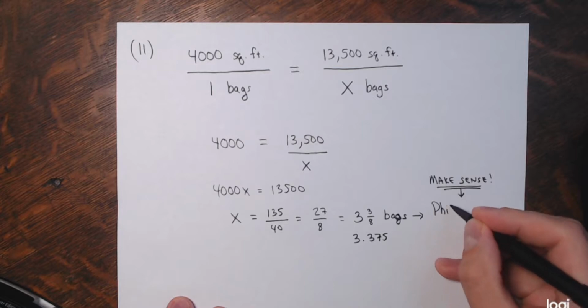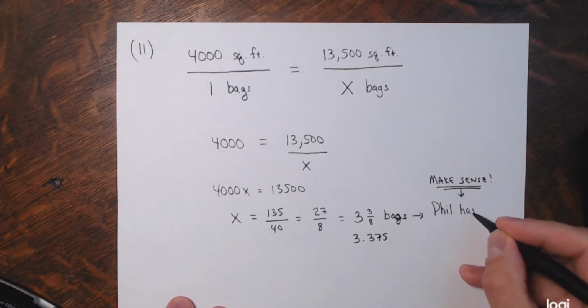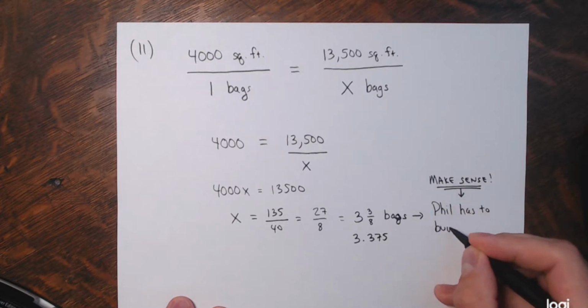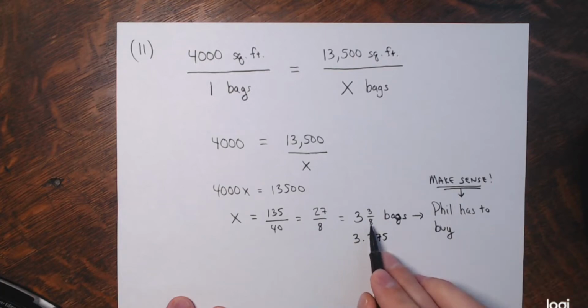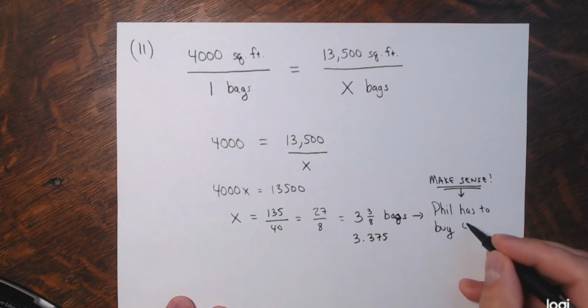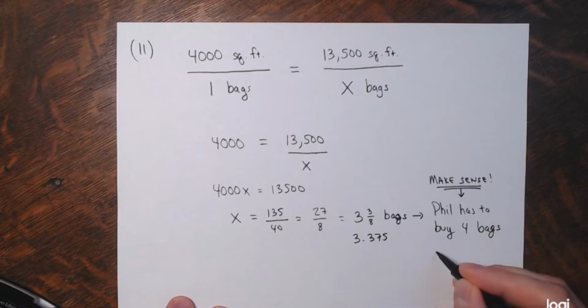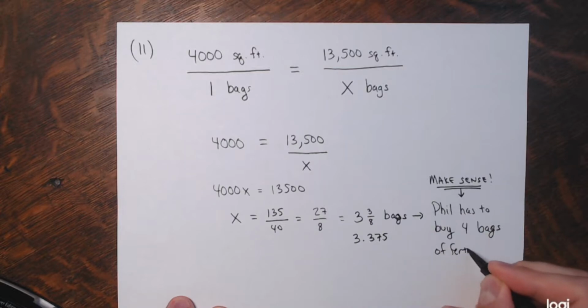So to make this make sense, Phil has to buy, again, you could write 3 and 3/8, that wouldn't be wrong, but in real life, like I said, you can't just buy 3/8 of a bag of fertilizer. Phil would have to buy 4 bags of fertilizer to be able to cover his lawn.